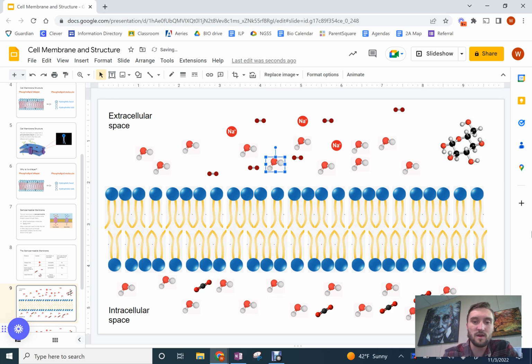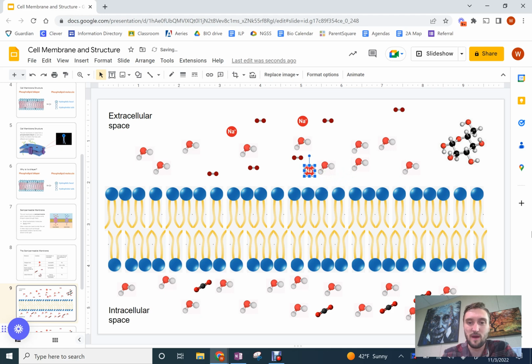Water, there's so much of it that every so often some of it is able to make its way through, even though it is hydrophilic and the tails are hydrophobic. It's kind of the exception to the rule. Ions, that's their charge, ultimately. Their charge does not jive with the tails, so for that reason, they are repelled out here.